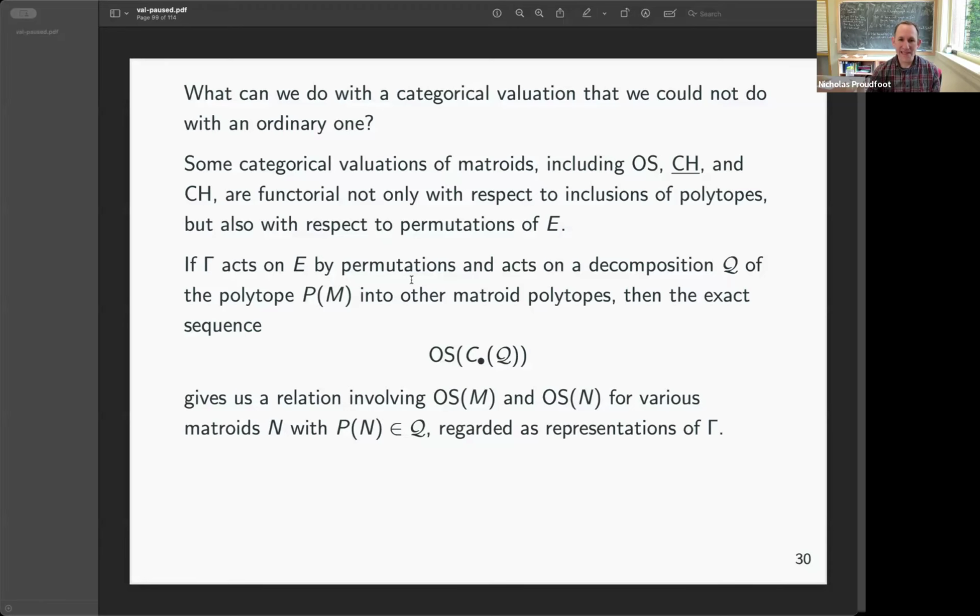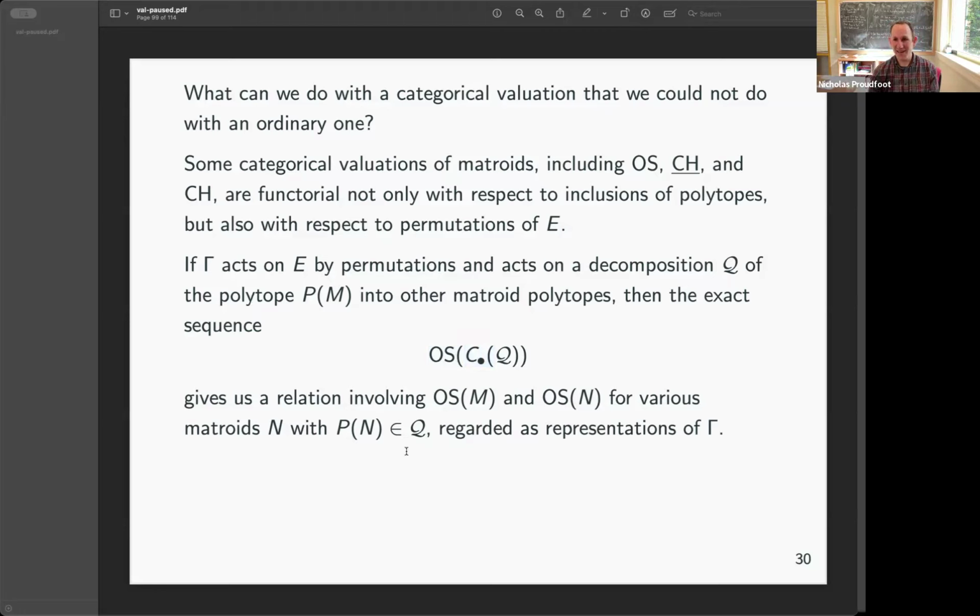So really what that means is I can look at this exact sequence of Orlik-Solomon algebras associated with a decomposition. And if I have some finite group gamma that acts on the ground set by permutations and preserves the decomposition, then all the things that appear in that exact sequence will actually be representations of gamma.